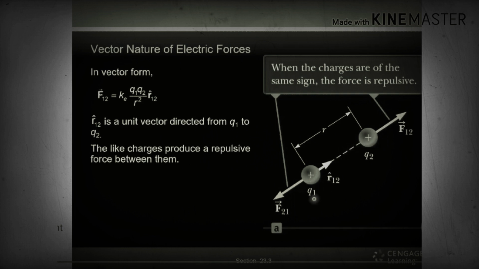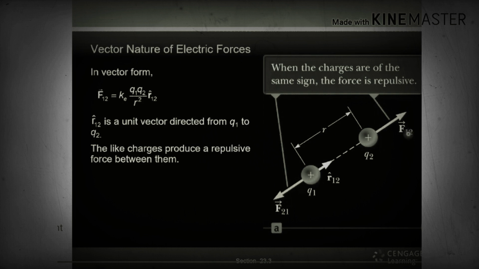Let's assume they have the same sign, which is positive. So Q2 has a force from Q1. Q1 will put a repulsive force on Q2. So F12.